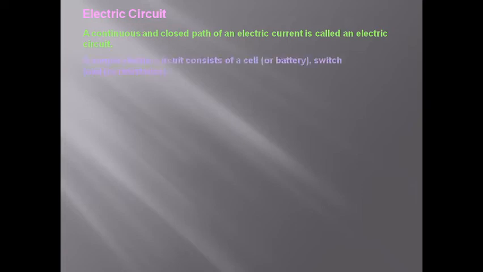Now what is an electric circuit? A continuous and closed path of an electric current is called an electric circuit. An electric circuit consists of a cell or a battery, a switch or a key, and a load, or we can say a resistance. Load means either a bulb or any equipment or appliance used.